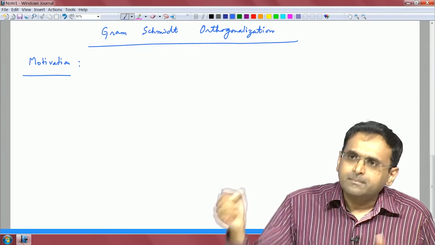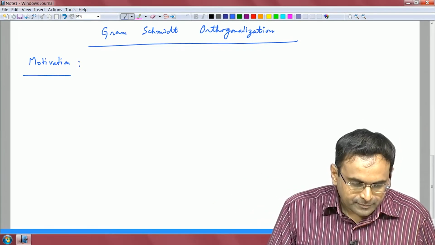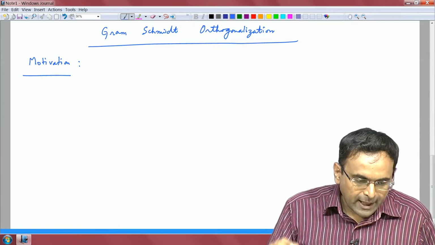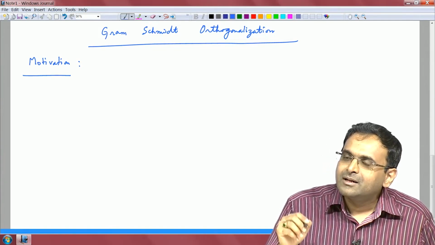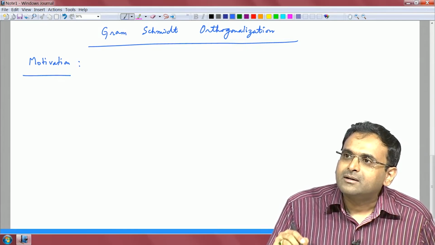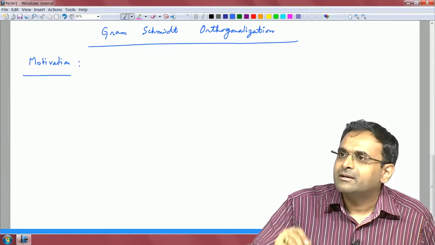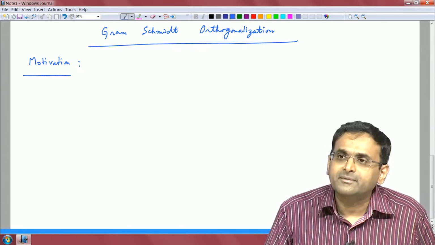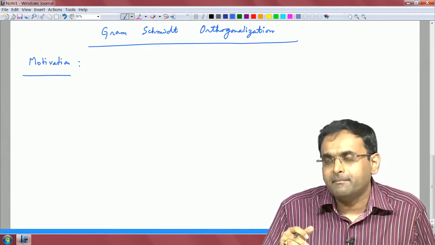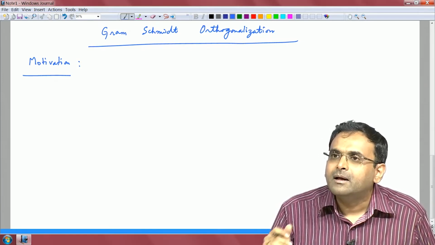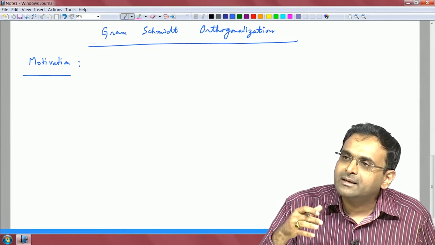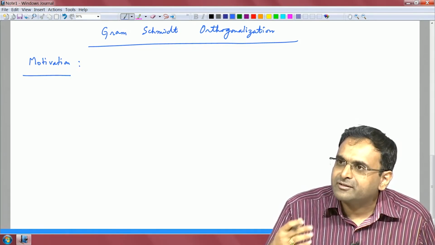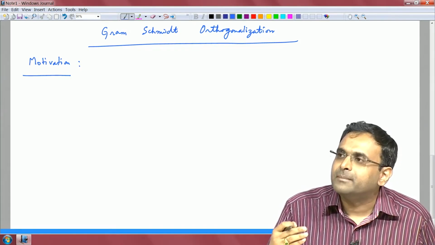Or, going back, I give you a bunch of vectors and I want to get a basis to represent any vector in this set. Some of them could be linearly dependent, some may not be, but those that are linearly dependent, I want to express in terms of a basis.